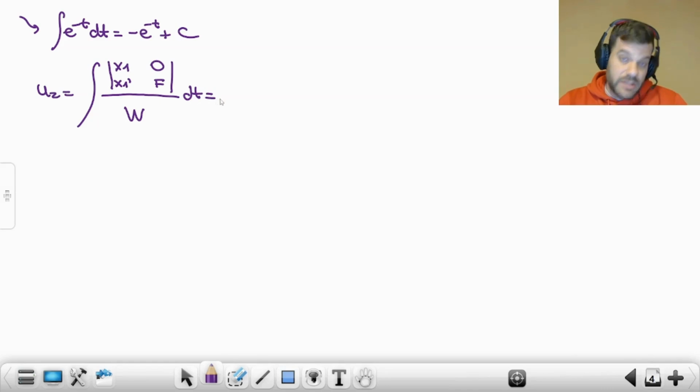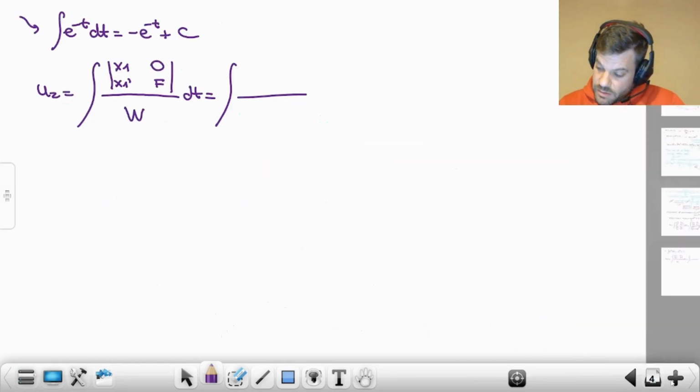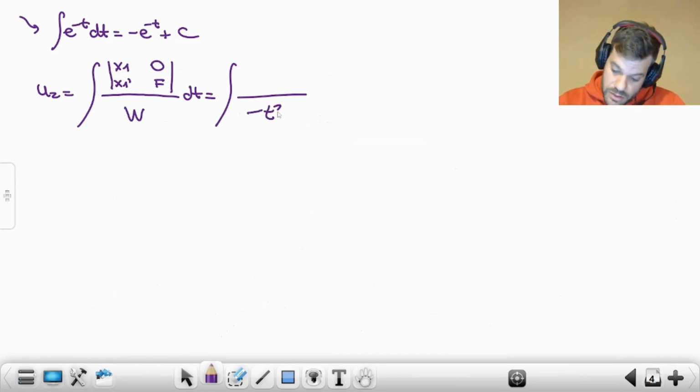We don't have to repeat the term downstairs, we already did it for the first integral u1. So downstairs we know just minus t squared e to the t survives. Upstairs it's going to be e to the t times t, derivative of the first times the second plus the first times derivative of the second, and then 0 and t.